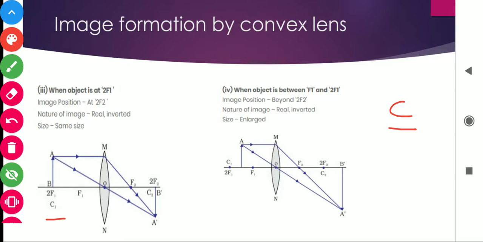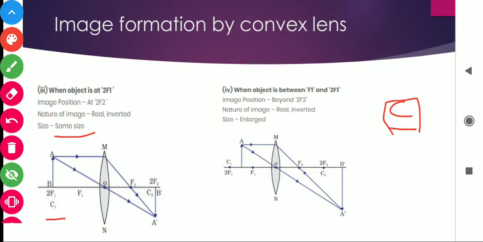If we recall, in this position in mirror, what will happen? The same size image is formed at the same side as object. Similarly, here also same size image is formed. Size of image is equal to size of object.